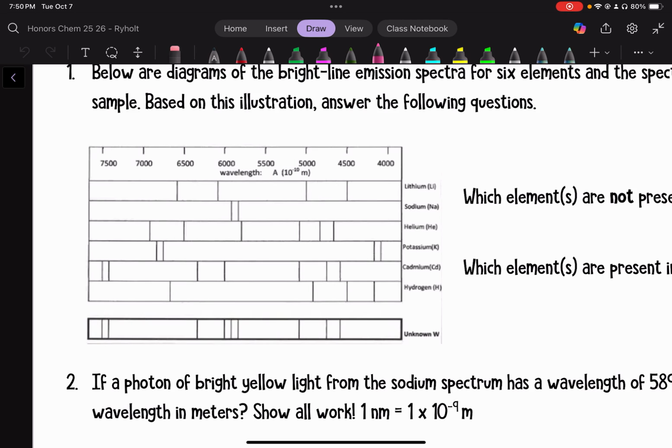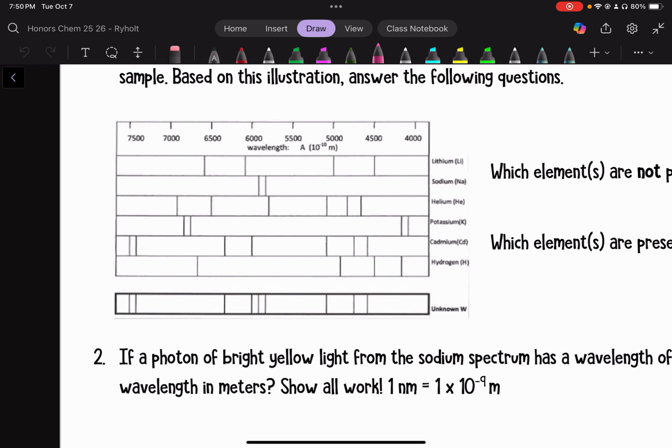Each element has its own unique electron configuration, so electrons in atoms that are excited to higher energies go to those outer energy levels and then fall down. When they do, they emit electromagnetic radiation, and sometimes it's in the visible light spectrum. That's where we get all of these visible light emission spectra that we're looking at right now.